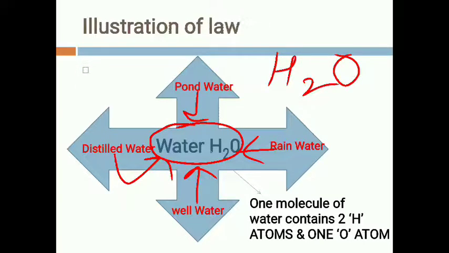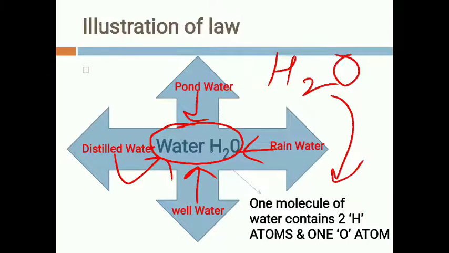It is fixed. It's not that pond water has a different formula and well water has a different formula. One molecule of water always contains two hydrogen atoms and one oxygen atom. So if the number of atoms is fixed, then obviously their mass is also fixed.